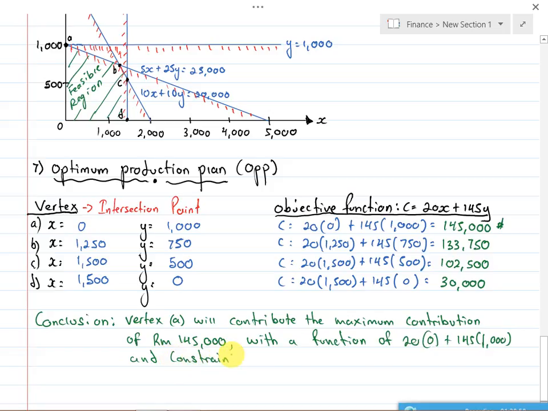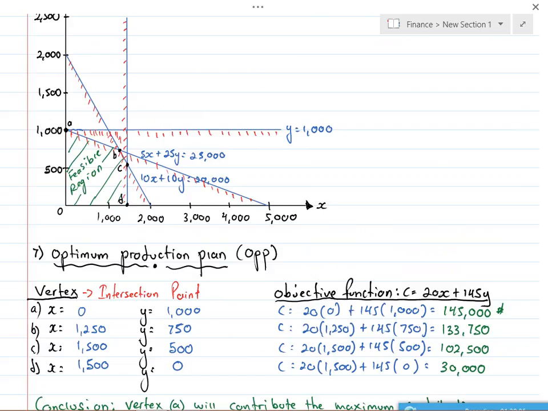If you look at the intersection A, am I right? Intersection A is basically the constraint of Y equals to 1000.